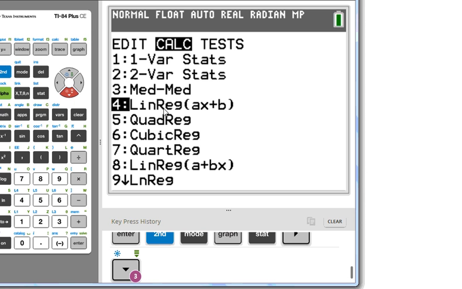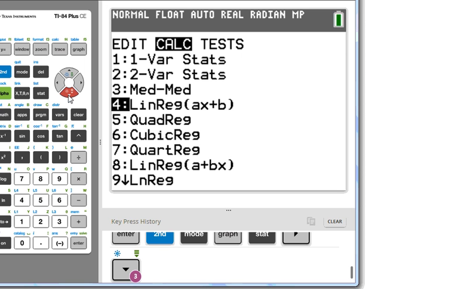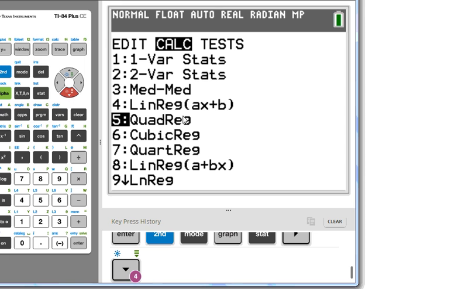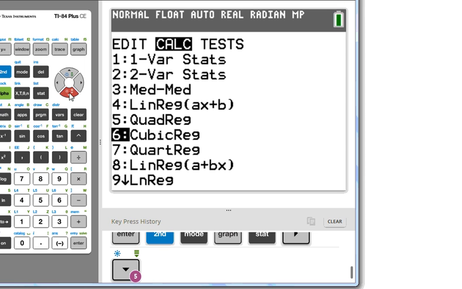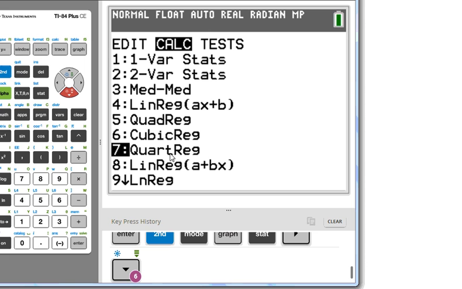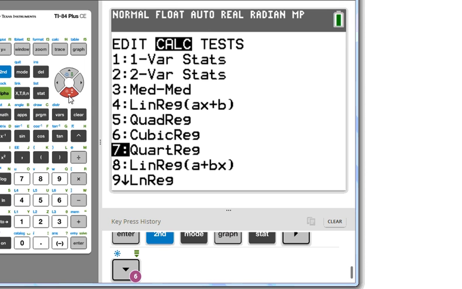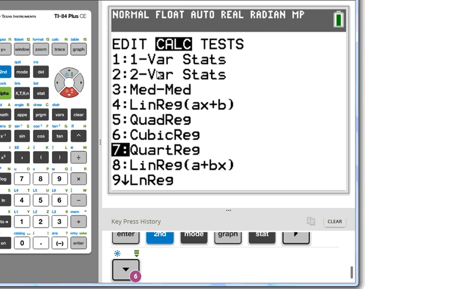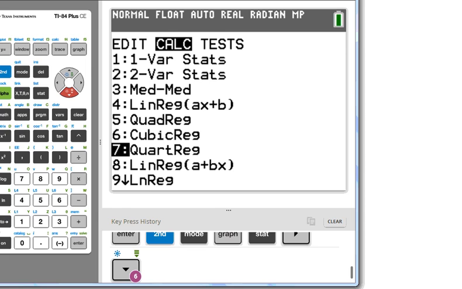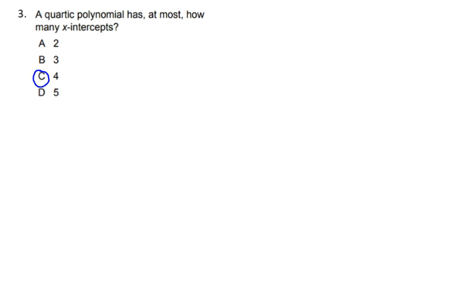You've got linear, that's x power 1, quadratic x power 2, cubic x power 3, quartic x power 4. And I don't think they have a quintic in this one, but that would be x power 5. So just a memory aid on the calculator, it should be that simple.